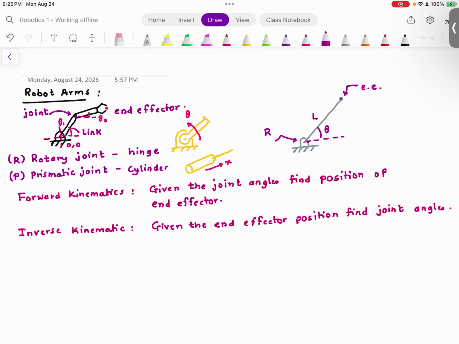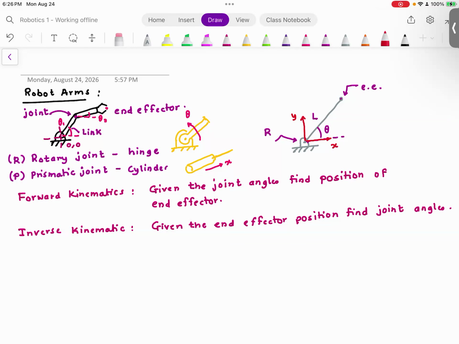What do I mean by inertial frame? Inertial means not moving, fixed, grounded. So I'm going to set up a coordinate system here. This is my y coordinate. This is my x coordinate.